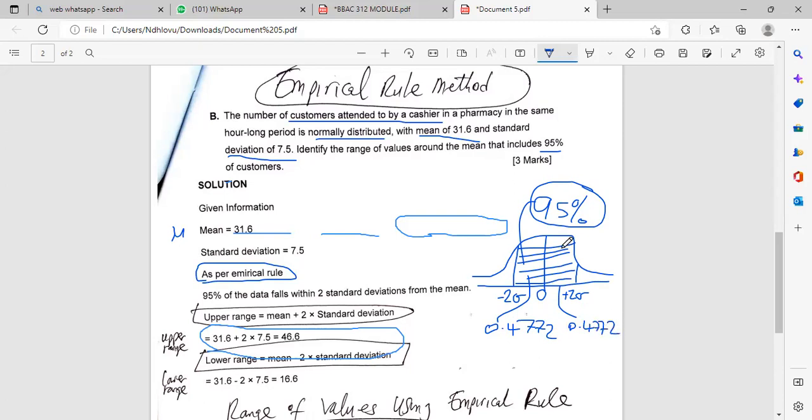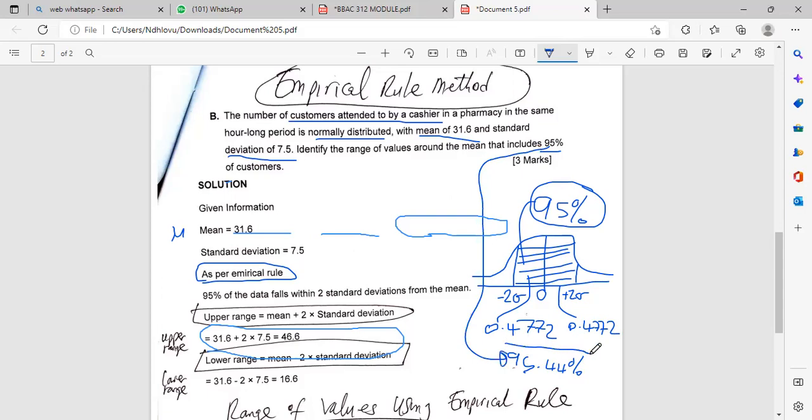So we multiply 0.4772 by 2, and it's about 95.44. When you add these two, it's about 95.44%, which is equivalent to the 95% that was given in the question.